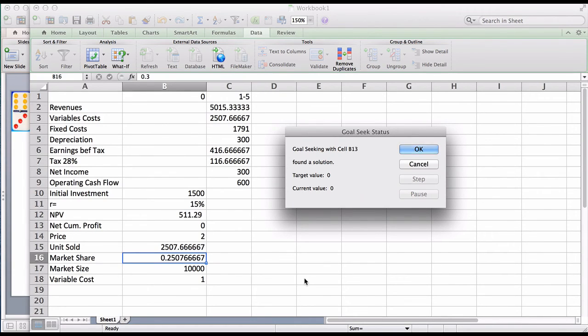Now that's for an accounting break even. Although it's using accounting figures, you're dealing with accountants all the time, and accountants will say to you, well, it's got to make a profit. You can't enter into a project that doesn't give you a profit. So you do need to look at accounting break even.